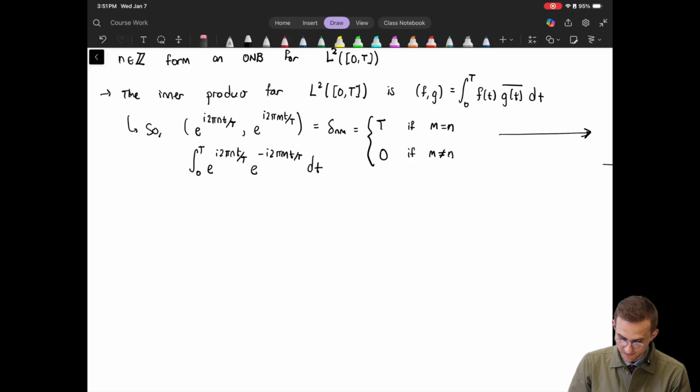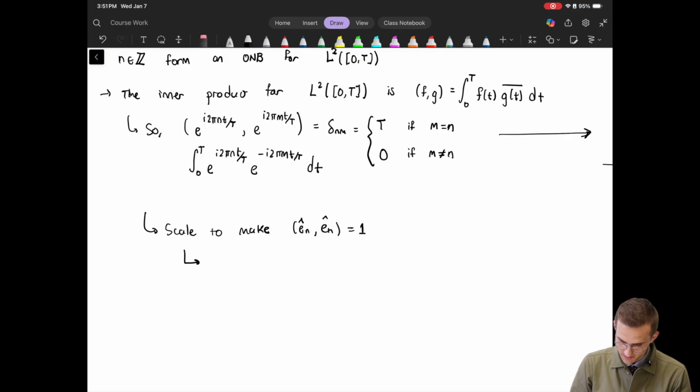And so what we do for our Fourier series basis elements is we scale them to make them orthonormal, or normalized, so that the norm of e_n would be equal to 1.